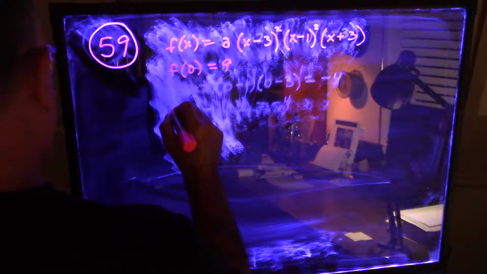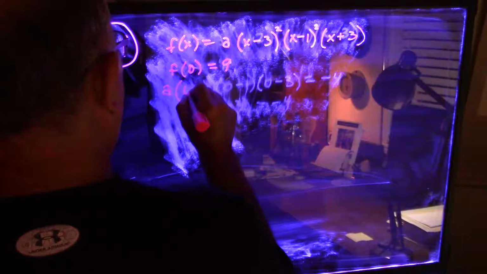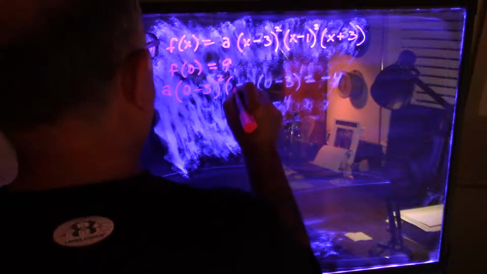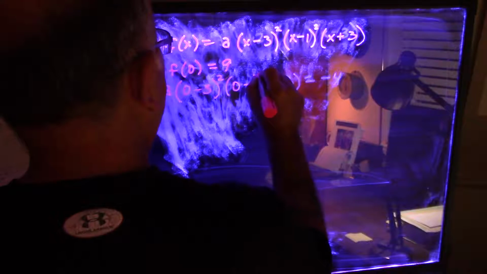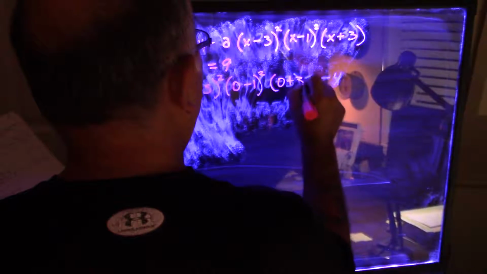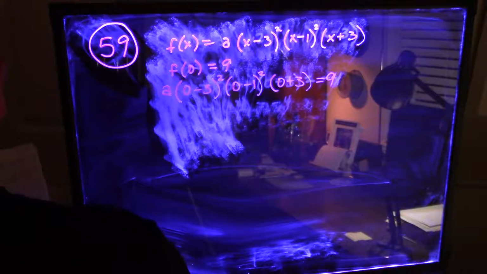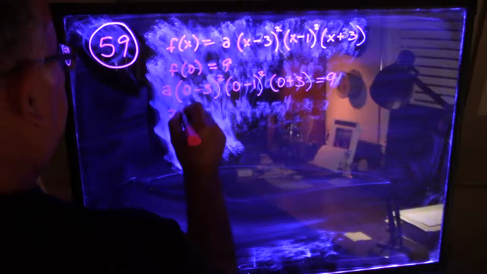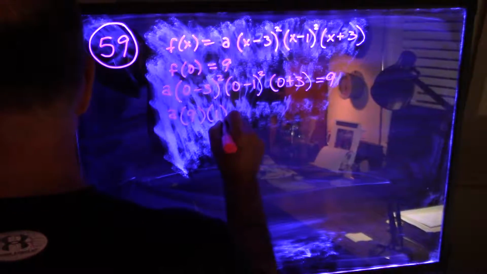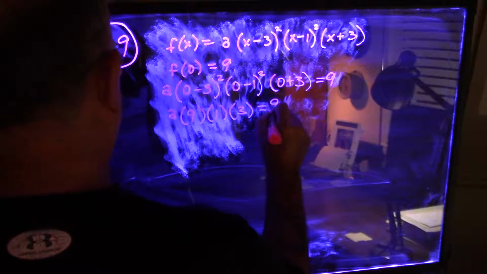Okay, so you've got a times the quantity 0 minus 3 squared times quantity 0 minus 1 squared times 0 plus 3 equals 9. And so we've got a, and then that's 9 times 1 times 3 equals 9.